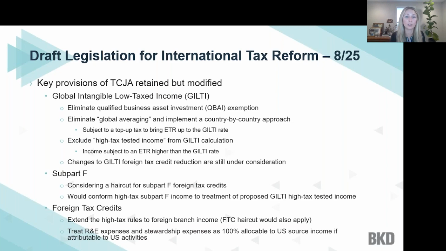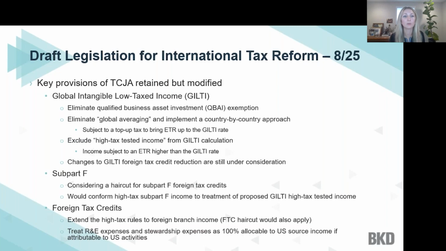So a loss in one country was able to offset income in another country, but with the draft legislation, they are sticking with a country-by-country calculation. And only tested income that is not high tax tested income would be subject to US tax under GILTI.